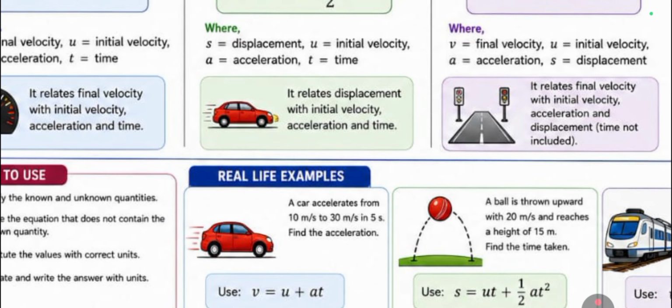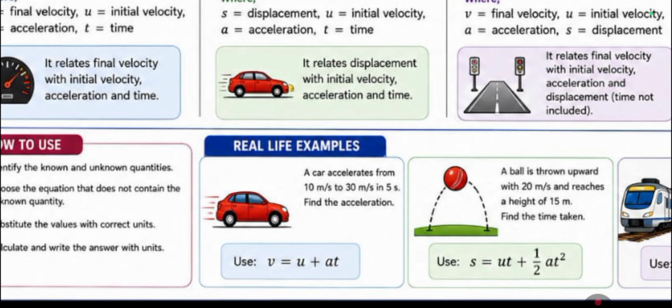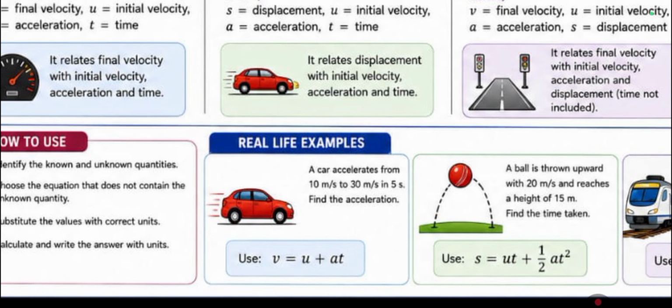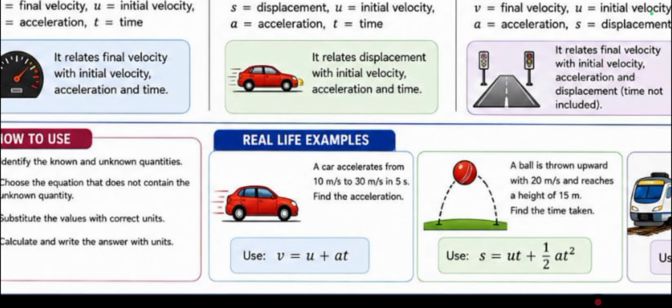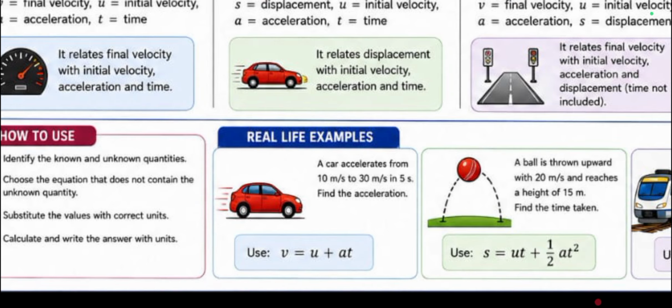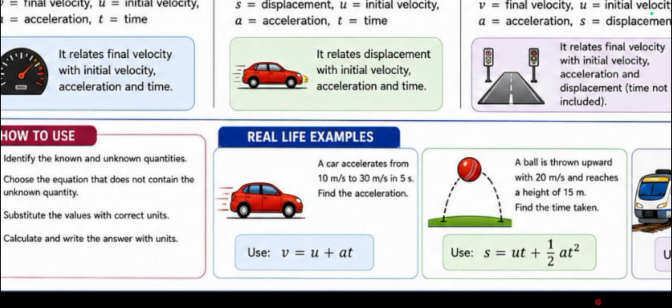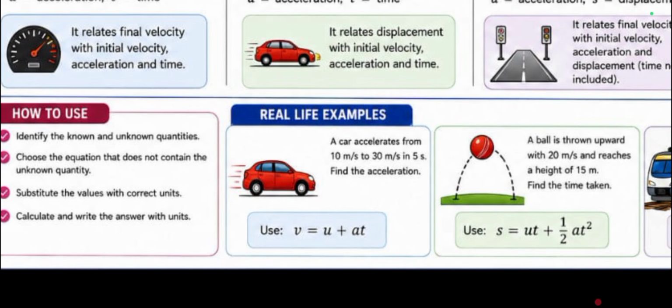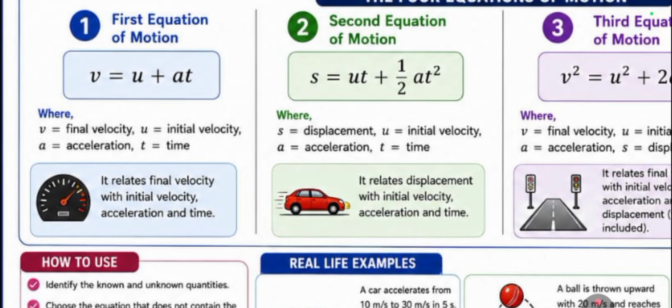Some real life examples are given here. A car accelerates from 10 meter per second to 30 meter per second in 5 seconds. Find the acceleration. So, here we are given the initial velocity, final velocity and time. Now, we have to use the formula v is equal to u plus at, the first equation of motion.